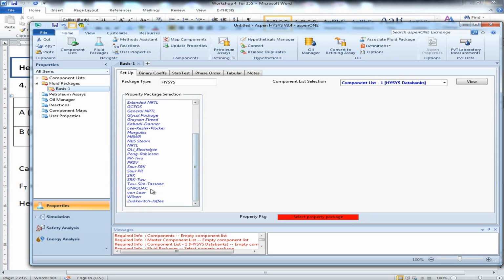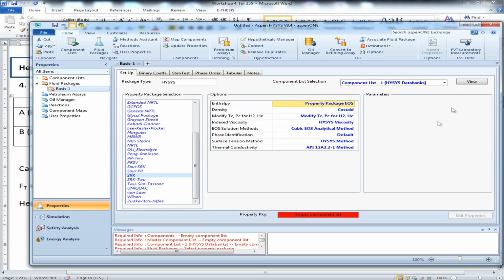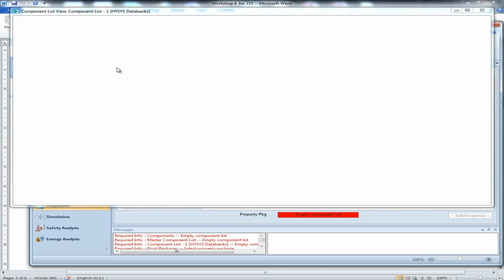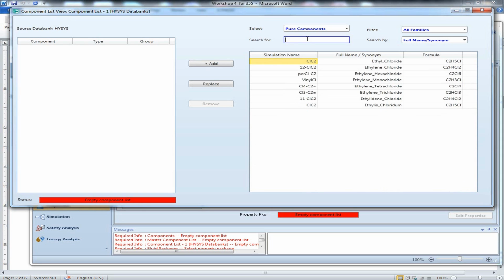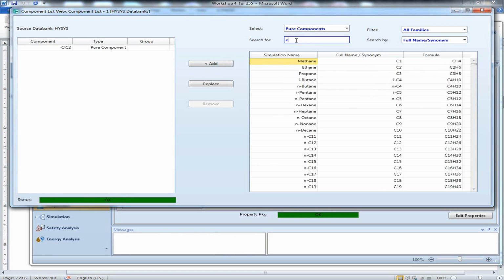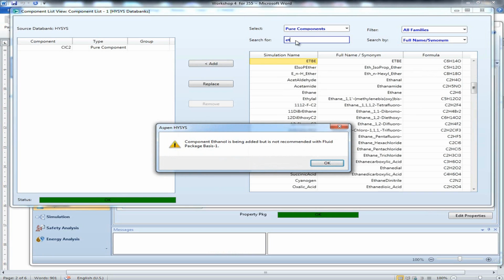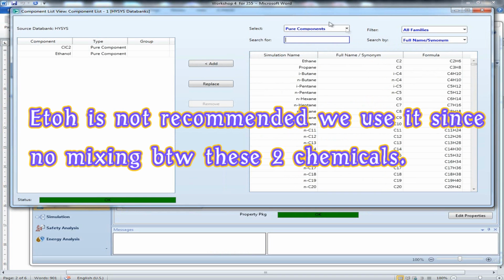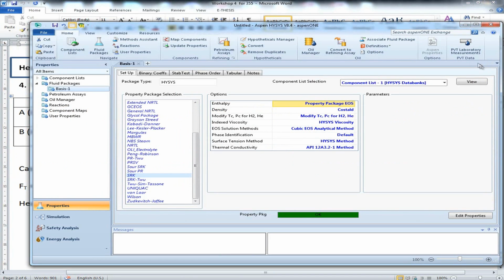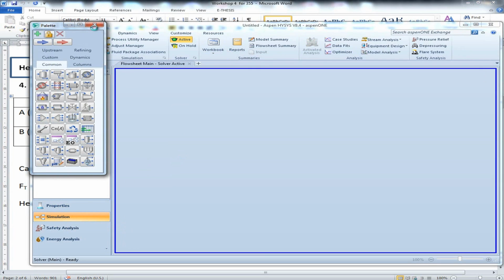So we can use SRK in this case, and then we add the chemicals into the system: ethyl chloride, and then ethanol. Okay, we are now ready for the simulation.